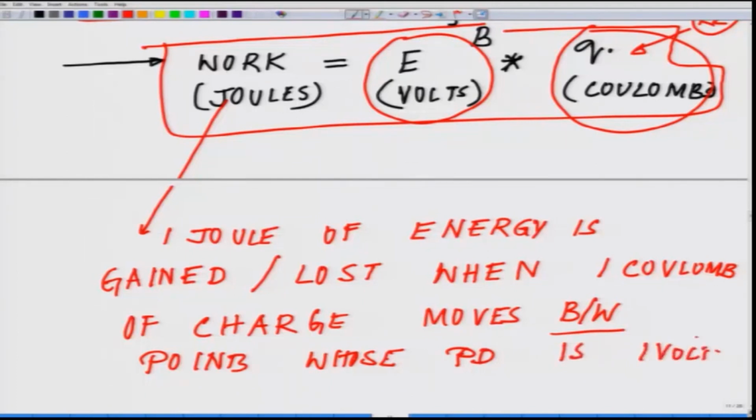In other words, this is 1 joule, which is equal to 1 volt multiplied by 1 coulomb of charge moved, gained or lost. So, if you put everything as unity, this is what you are going to get. Okay. So, this is the second fundamental concept what you needed to remember.